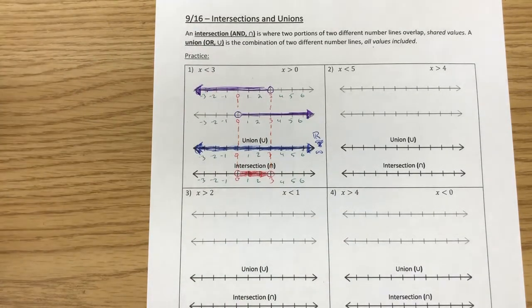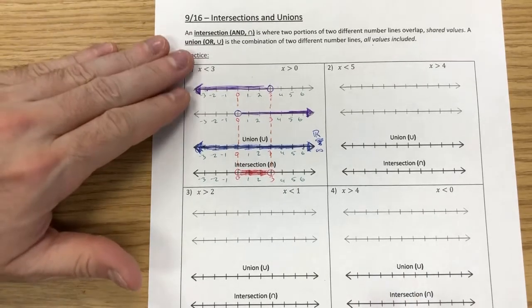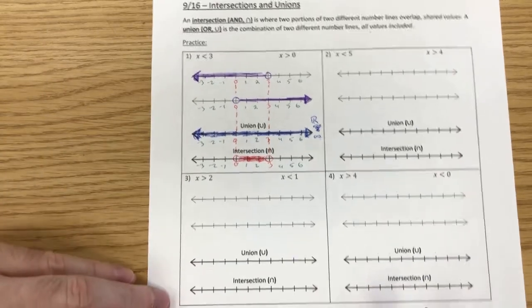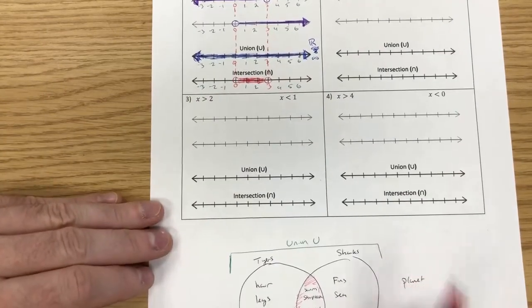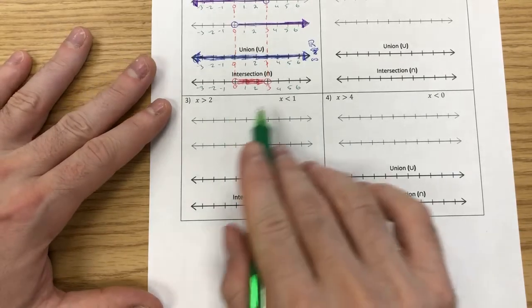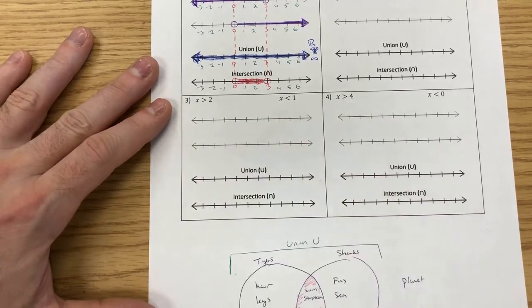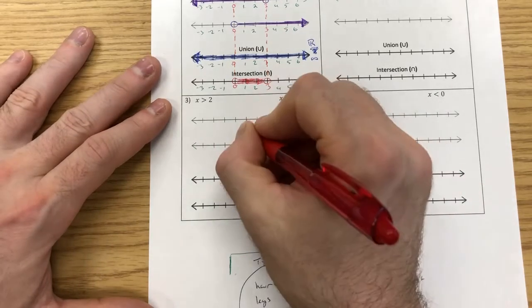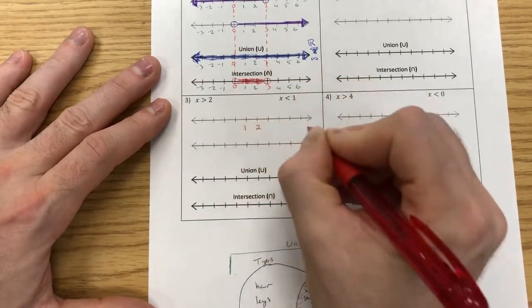Now this is just a graphical way of showing these. We will later on go into interval notation and list the actual numbers in both these. But as of right now, we're just going through how the graphs look. So let's try another one. Now, I know I need my numbers 1 and 2 on the graph. So I'm going to say, okay, here's my 1, and there's my 2.